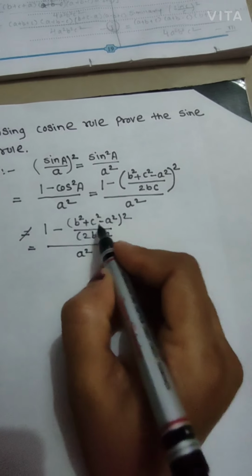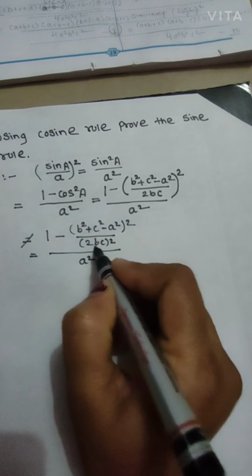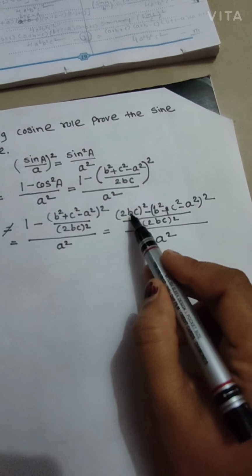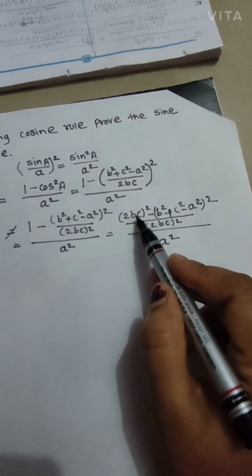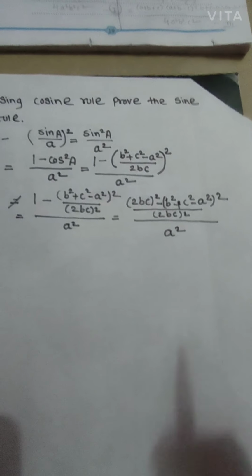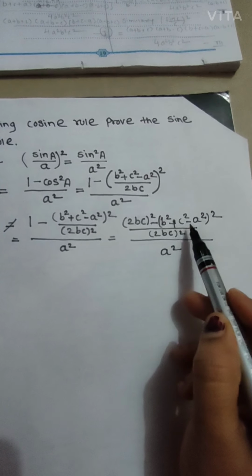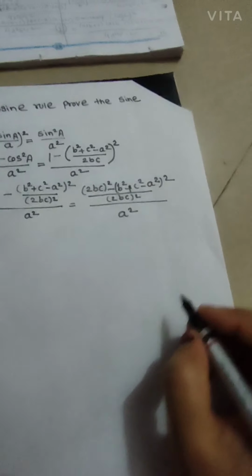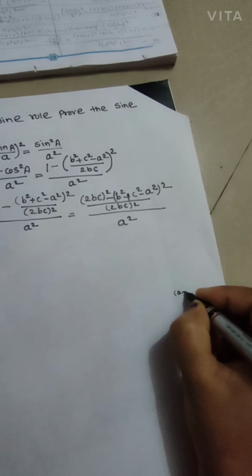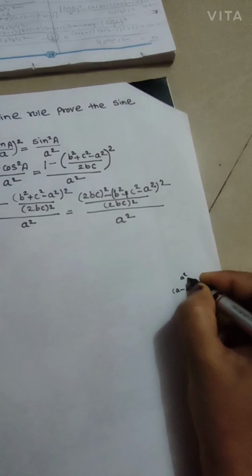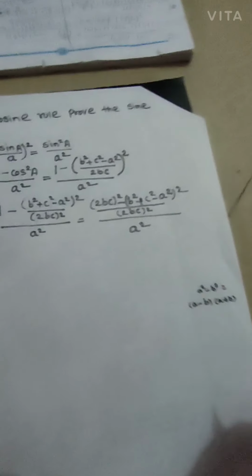Okay, now by cross multiplication here. Now see, this is in the form of a square minus b square, so we can write this as a minus b, a plus b.